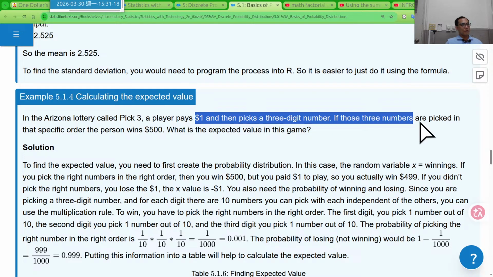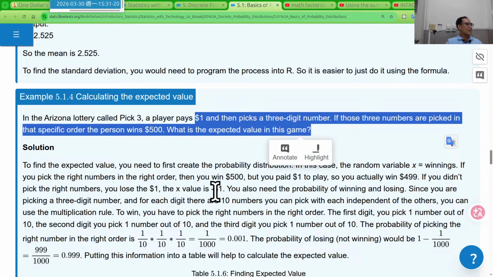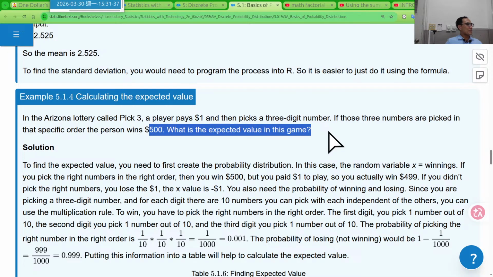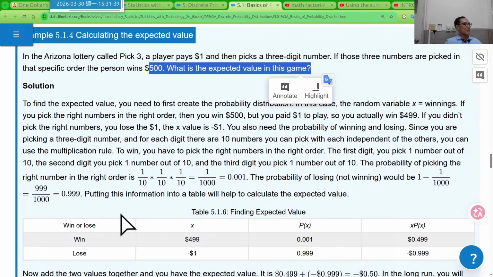If those 3 digits are picked in that specific order, that person wins $500. Pay $1; if the person wins the prize, that would be $500. What is the expected value in this game?